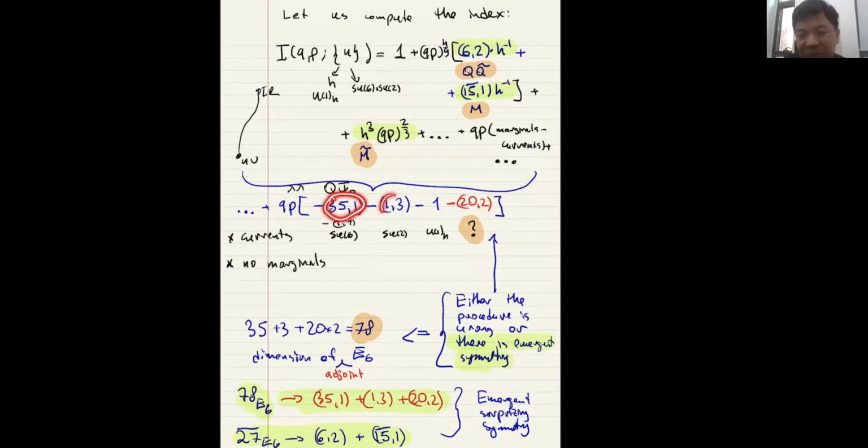That's an excellent question. You get the characters of the representations. Because remember, the index, we refine it with fugacities for the maximum torus of the global symmetries. So you can expand it in characters of the representation of the group. I write here just the dimensions of representations. But when you expand the index, you see the characters.